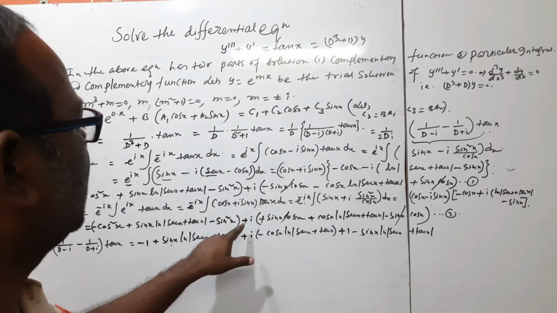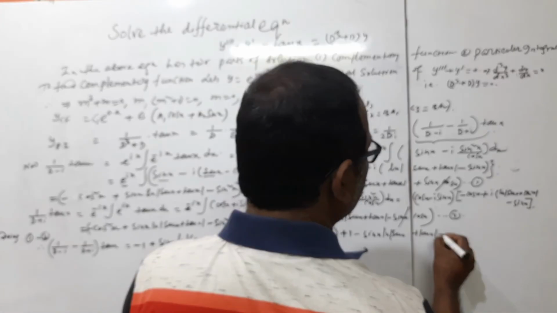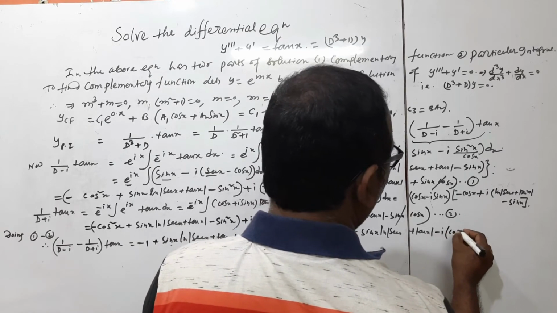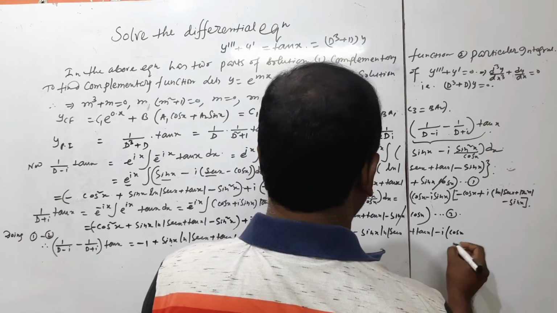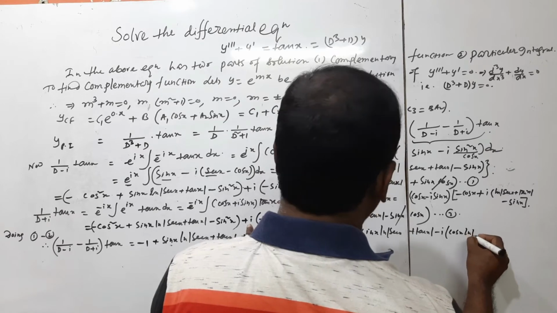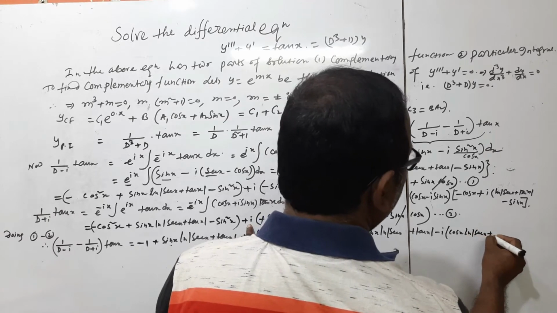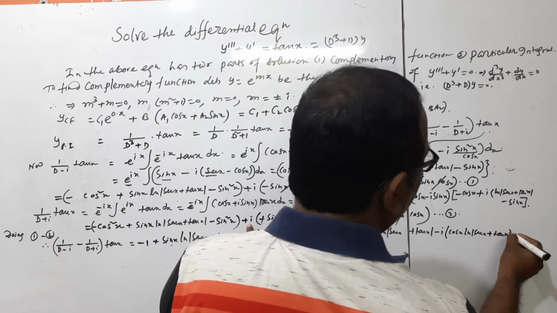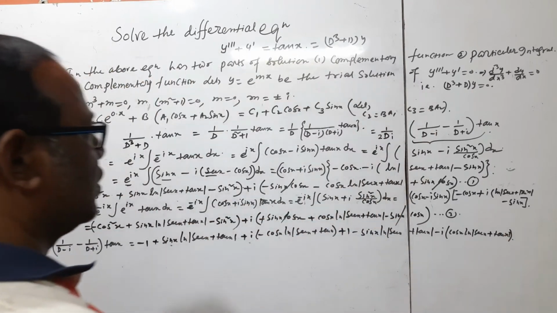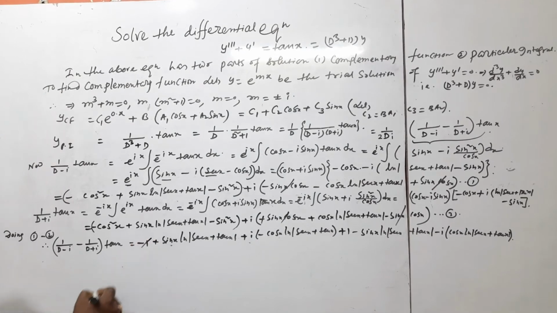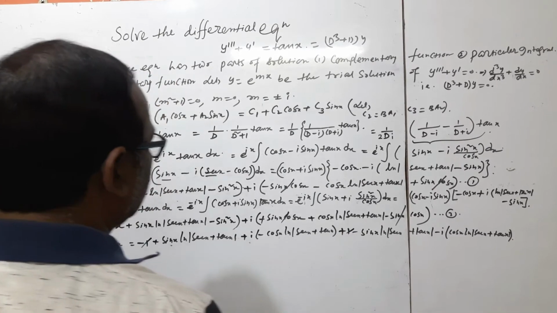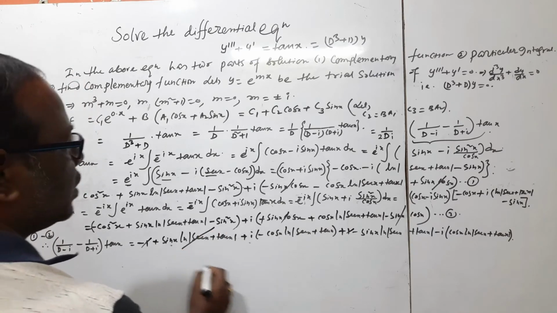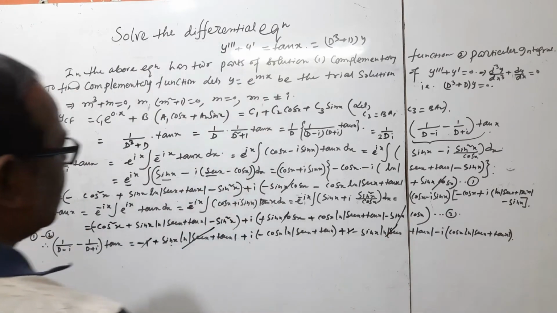Okay, minus i into cos x and ln mod sec x plus tan x. Okay. Now look here, these 1 plus 1 minus 1 are cancelled out, and these two parts also cancel out.